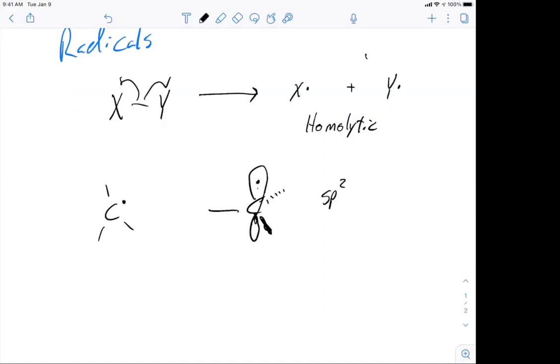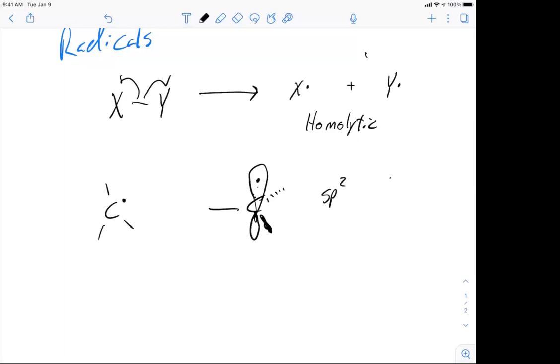I'm kind of showing it up and down there. Okay, so we do have an sp2, the radical is here. The thing to know about this is that this is an electron poor species. So when we look at the radicals, we need to remember that although they have one electron, they are a little bit electron poor.